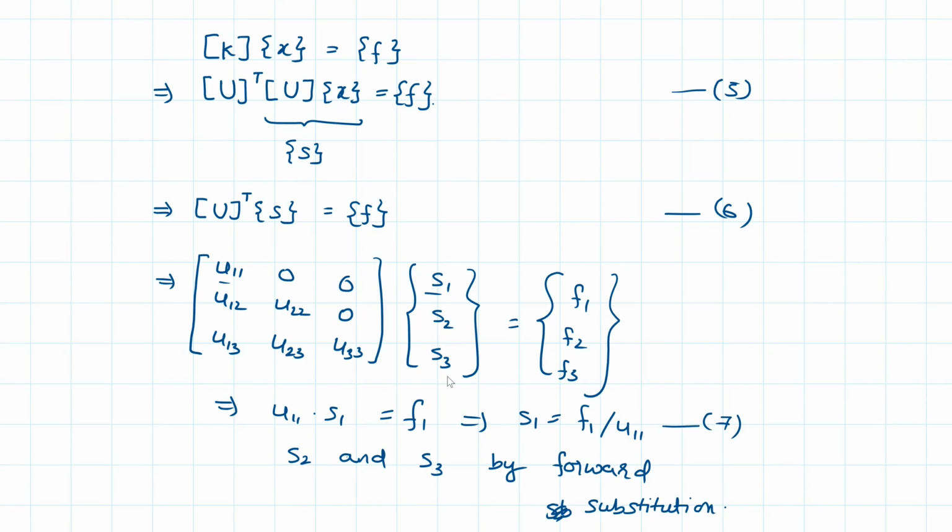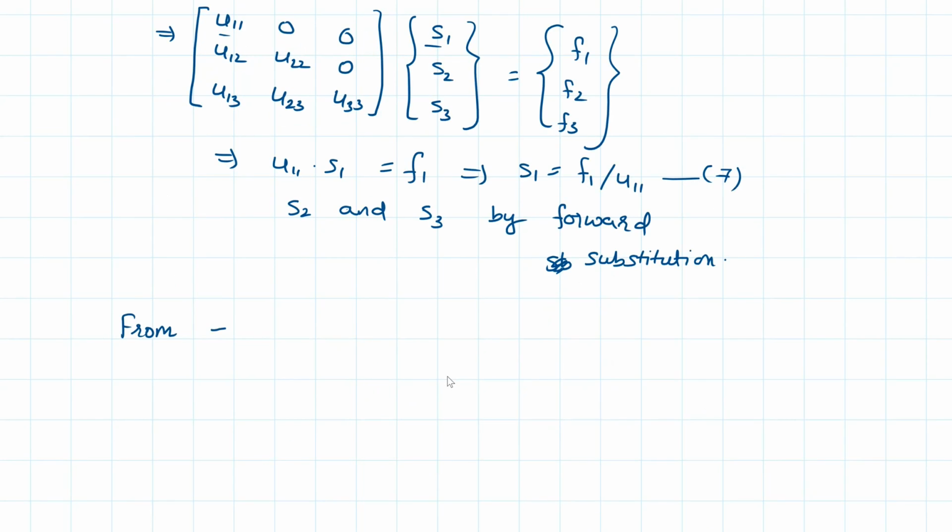Once we get our vector S here in our equation 6, we can then go back to our equation 5. So from equation 5, we can say that U times X is equal to our vector S. Now in this equation, we already know our upper triangular matrix U, and we know our vector S from equation 7.